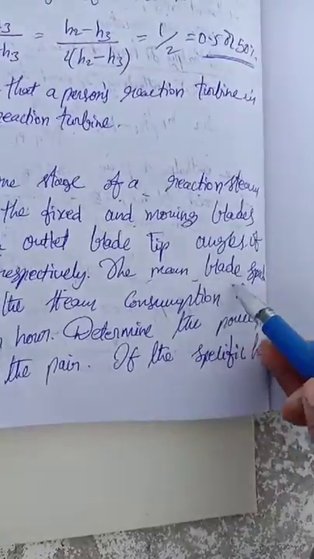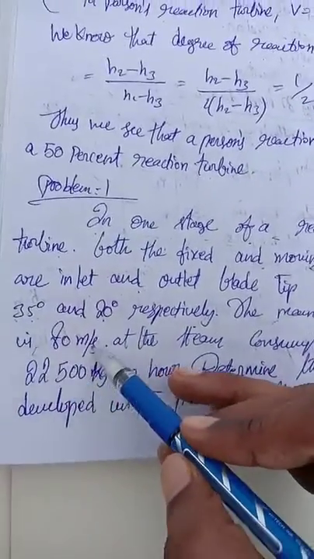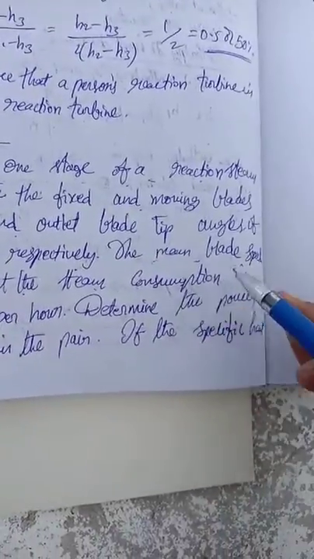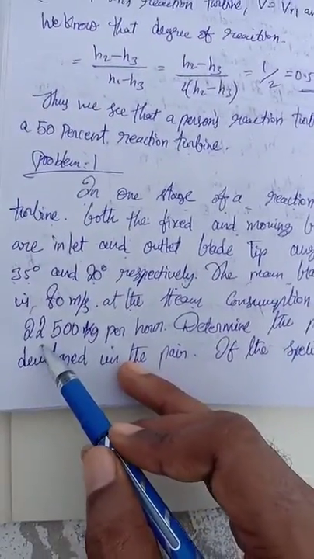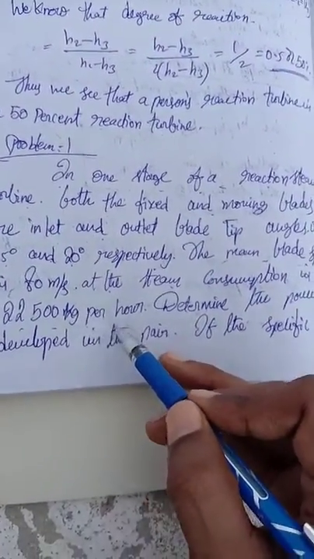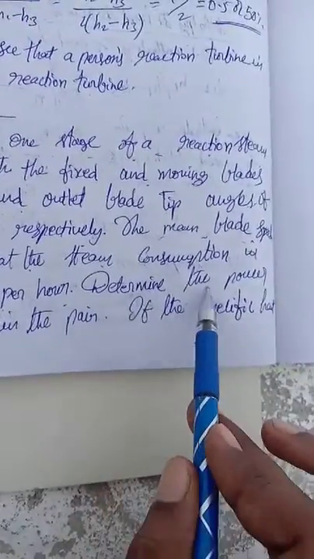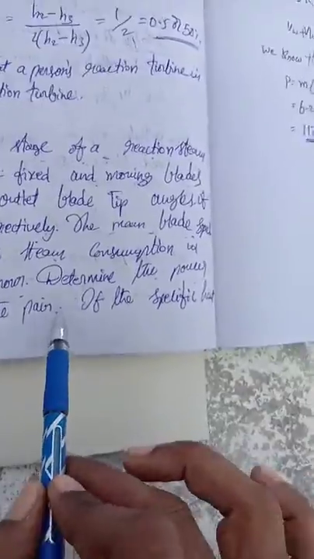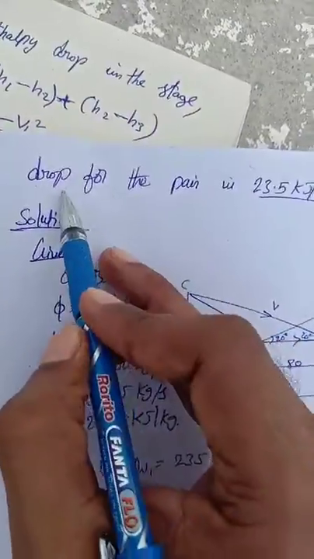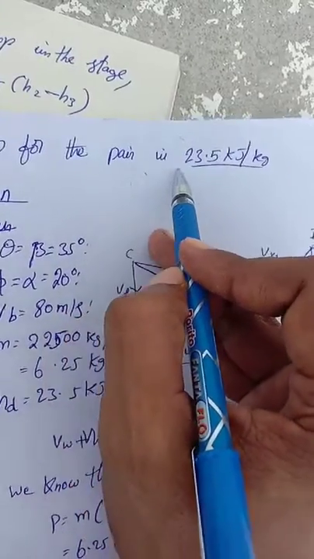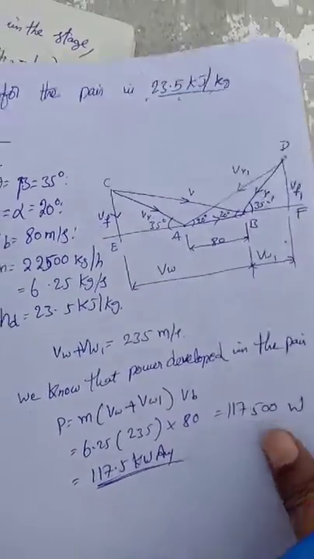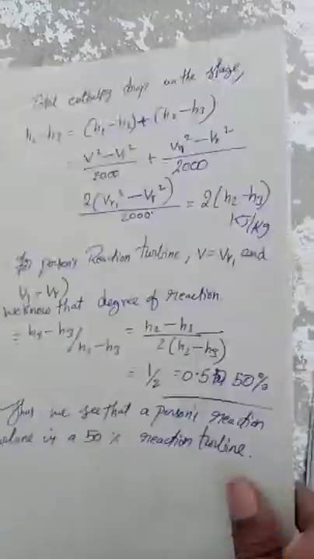The mean blade speed is 80 meters per second. The steam consumption is 22,500 kg per hour. Determine the power developed in the pair, if the specific heat drop for the pair is 23.5 kilojoules per kg. So, okay, this is the given problem.